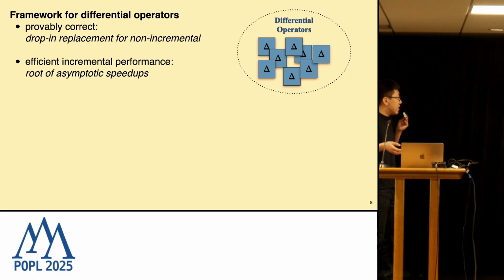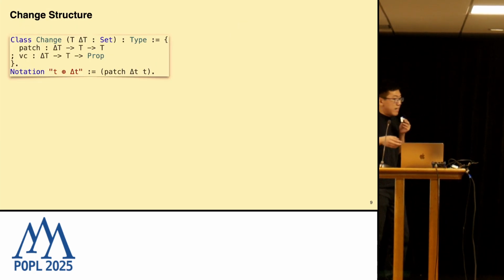And the second requirement is that it must be very efficient, which is the root of asymptotic speedups and the motivation of using incremental computation. The second requirement also requires our framework to be expressive enough to model these efficient operators. So now let's dive into the details of our framework.